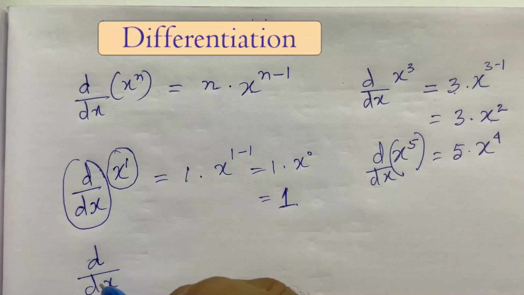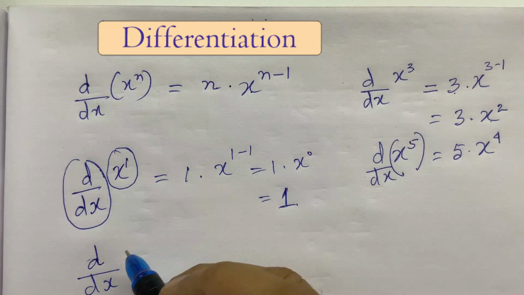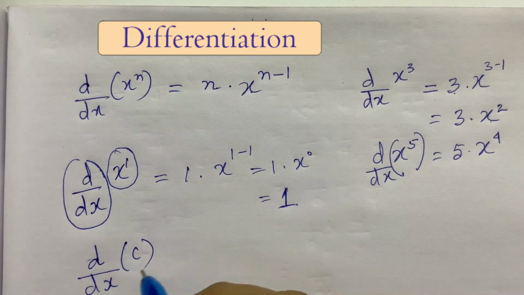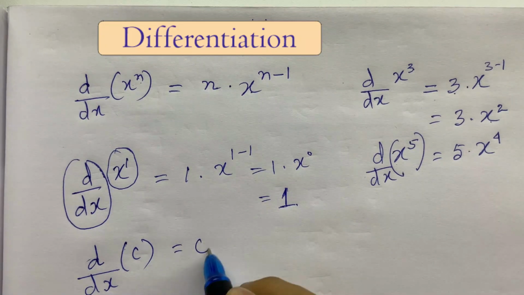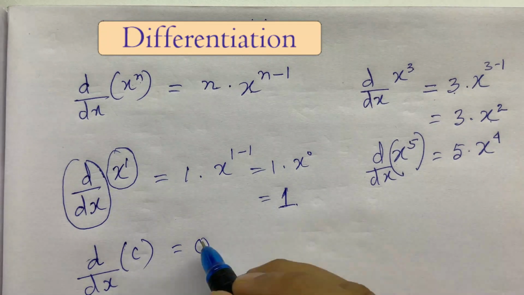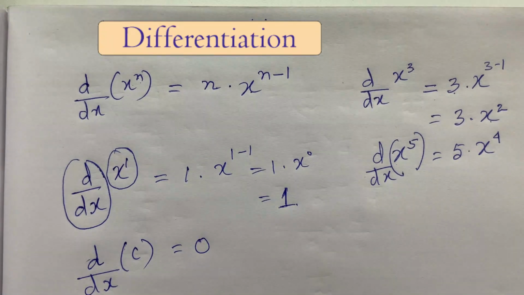So now d/dx of any constant value, say c, will be 0. So first, as a formula, you remember that d/dx of a constant value is 0.